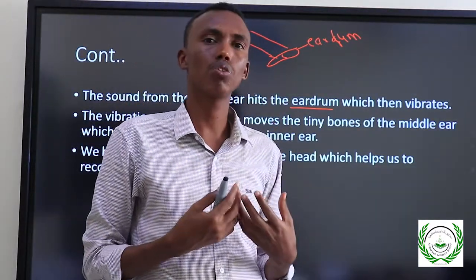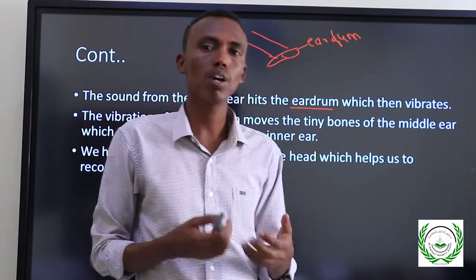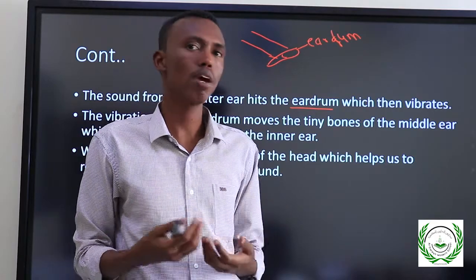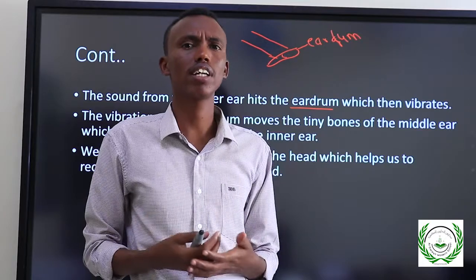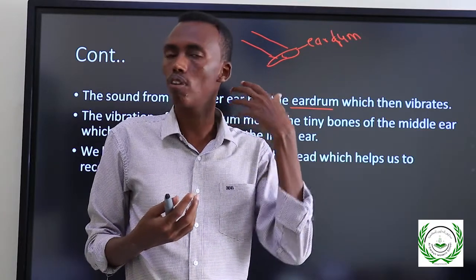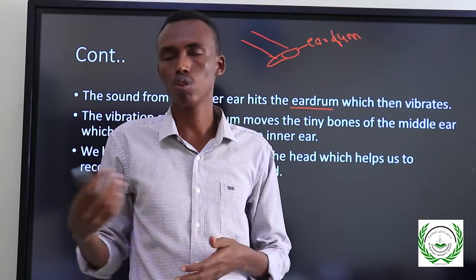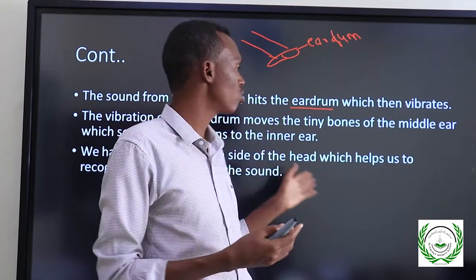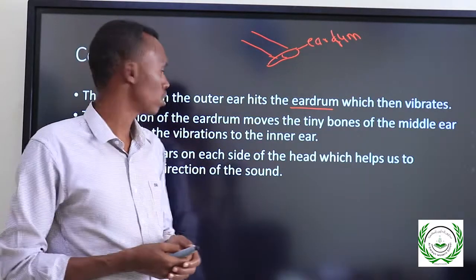For example, if someone calls your name from behind, you can easily recognize whether the person is at your back, on your left side or your right side. This is due to the balance between our two ears.